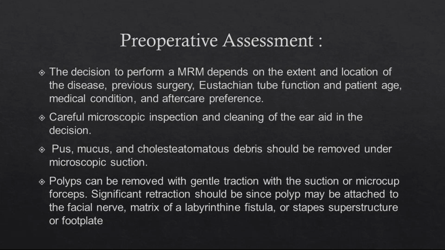But if you don't have the records, then at least you can examine the patient, and you can ask a few leading questions about the discharge at that time, when he decided to get it operated. How was the discharge, whether it was foul smelling? By asking these questions, you can have a rough idea.